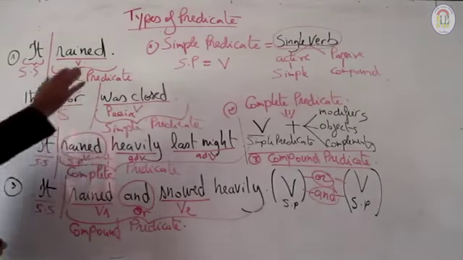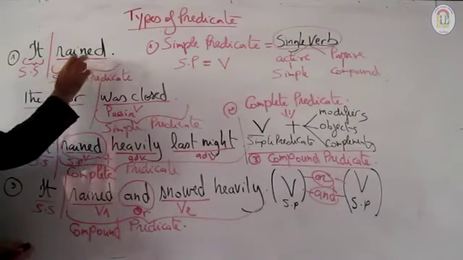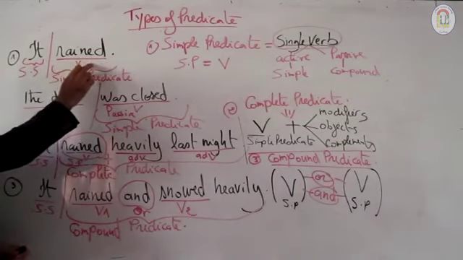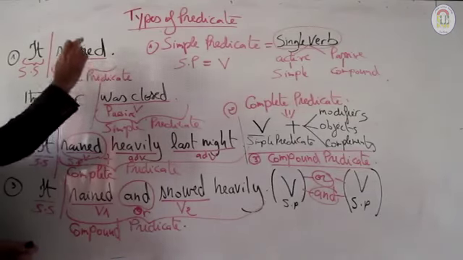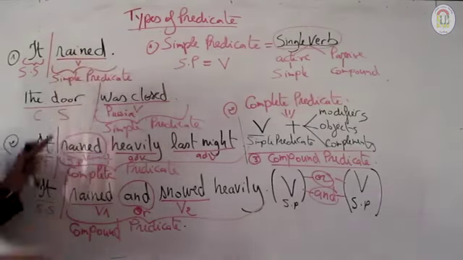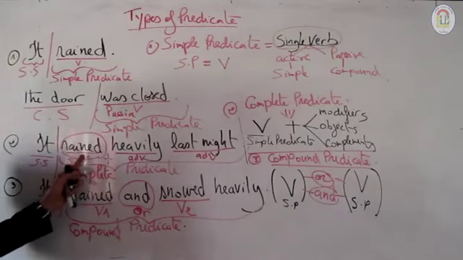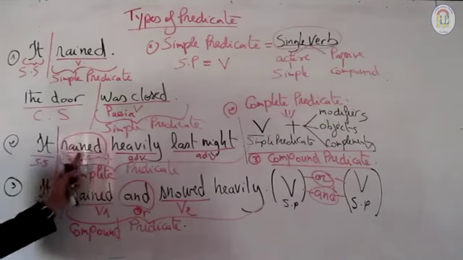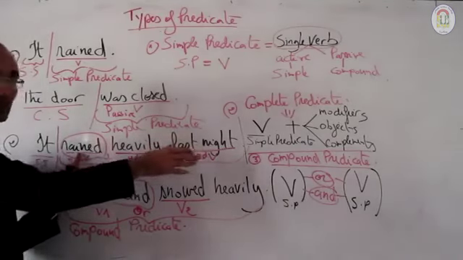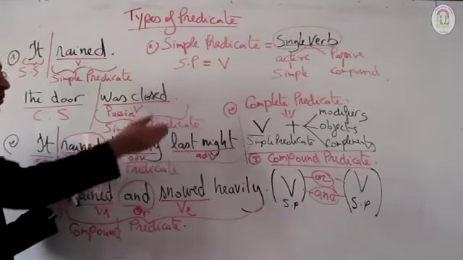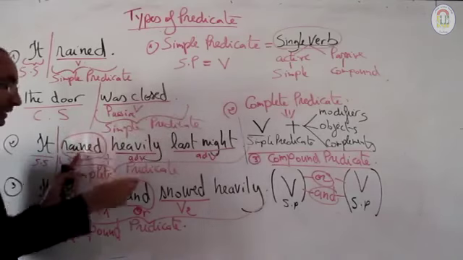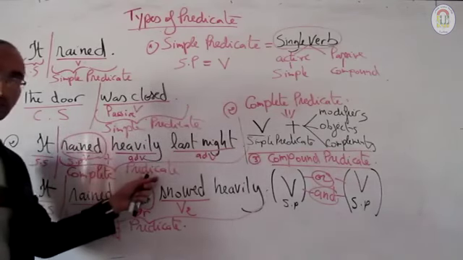If we have only one simple verb alone, this simple verb is called simple predicate. In case I have in my predicate a simple or single verb plus other elements which come to modify it or which are related to this verb, we call it complete predicate.